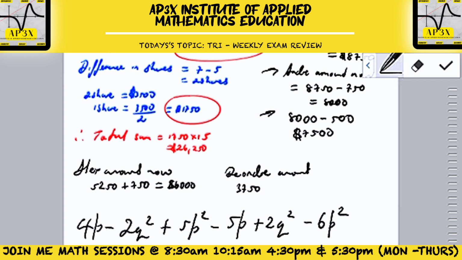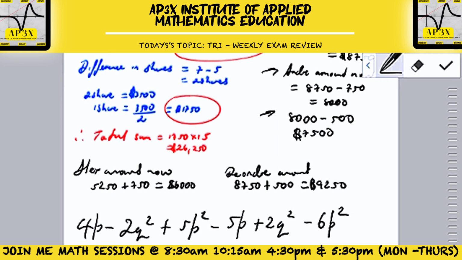Before getting the 500, she would have actually had 8,750, and she got $500 from Andre. So she now has 9,250.